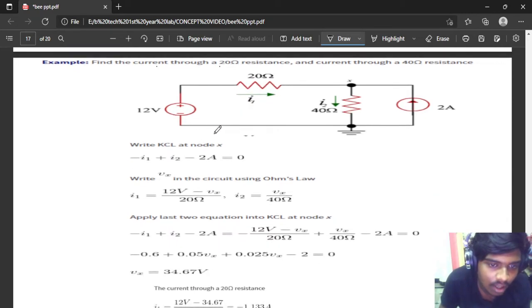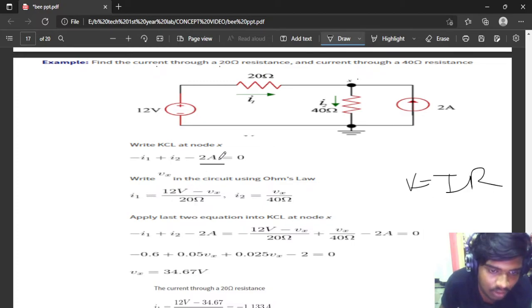Writing the KCL at node X, that is minus I1 plus I2 is equal to 2 amperes, and write Vx in the circuit using Ohm's law, V equal to IR. I1 equals 12 minus Vx by 20, and I2 is equal to Vx by 40, because there is no voltage source here.